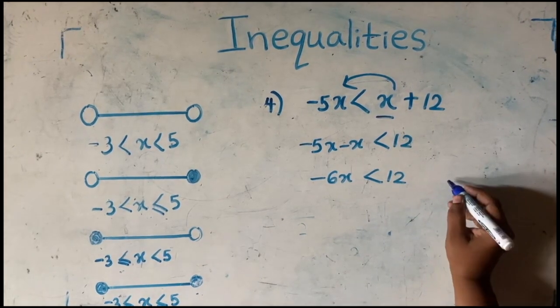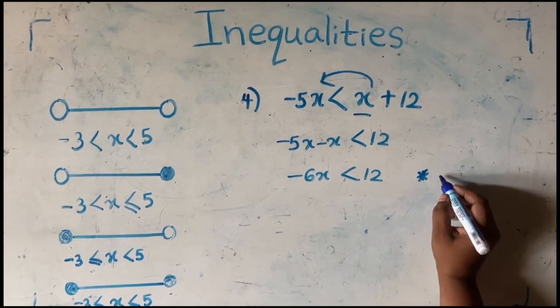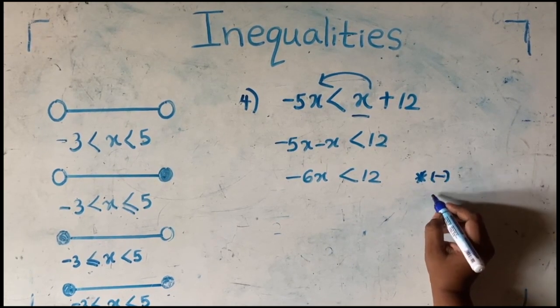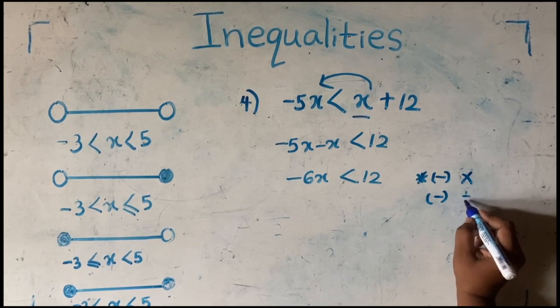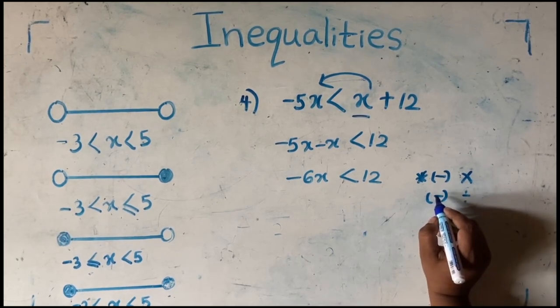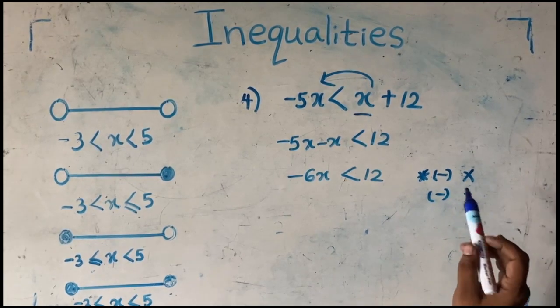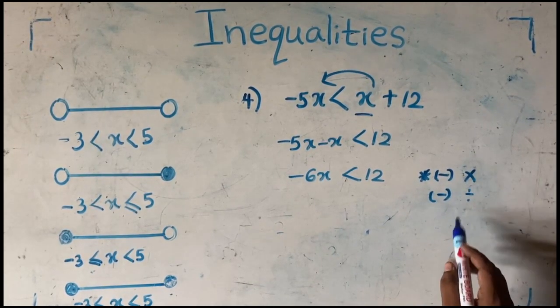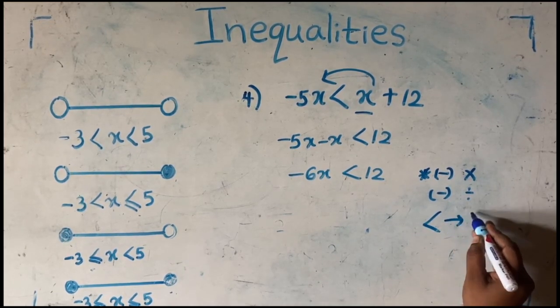You want to know a special thing. In inequalities, when you divide by a negative value or when you multiply by a negative value, the inequality sign will change. If the inequality sign is like this, it will change to this.